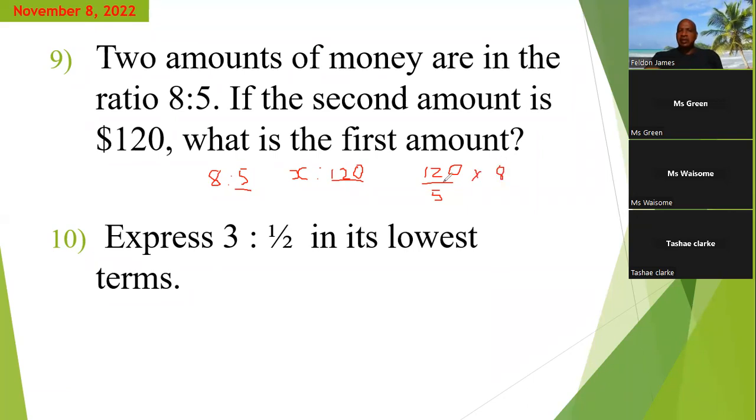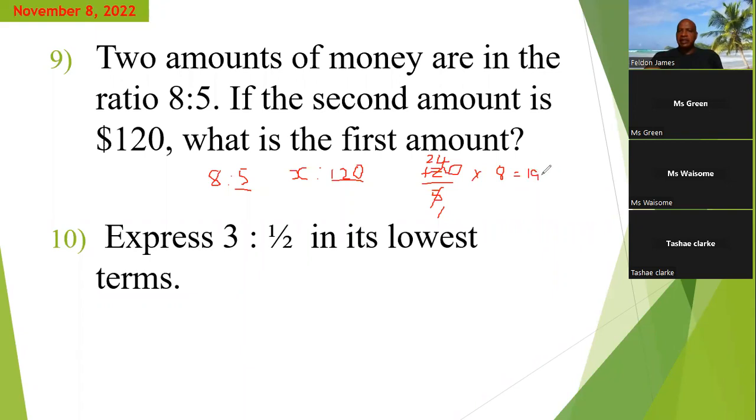So we will get a different calculation here. 5 into itself goes 1. 5 into 120, 5 into 12 goes 2 times, remainder how much? 2, sir. And then 5 into 20 goes 4, so this would be 24. So the answer should be 24 times 8. And that will give you how much? 192. All right.